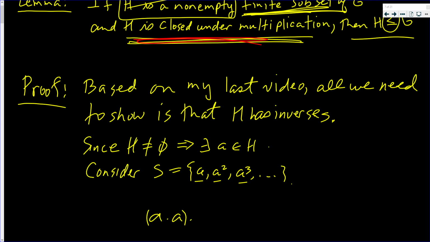That's in H. Multiply it by A again. That's in H. That's A cubed. A cubed is in H. Multiply it by A. It's closed. That's A to the fourth. It's in H. If you keep multiplying by A, it's still in the group.